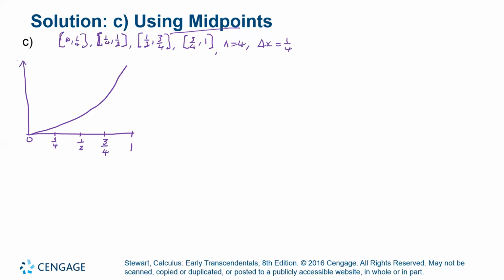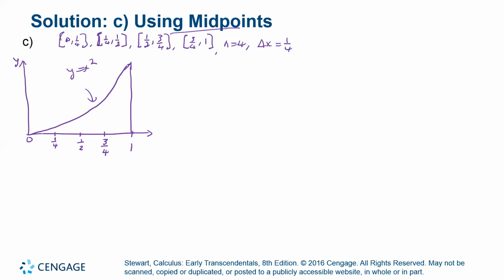Now the rectangles should have equal width. So this is the function y equal to x squared. Okay, so he said the midpoint.